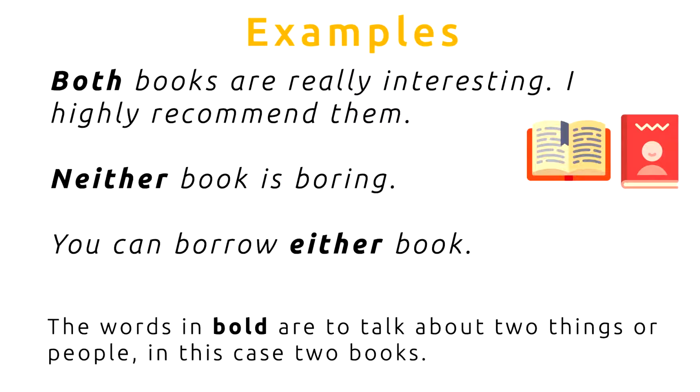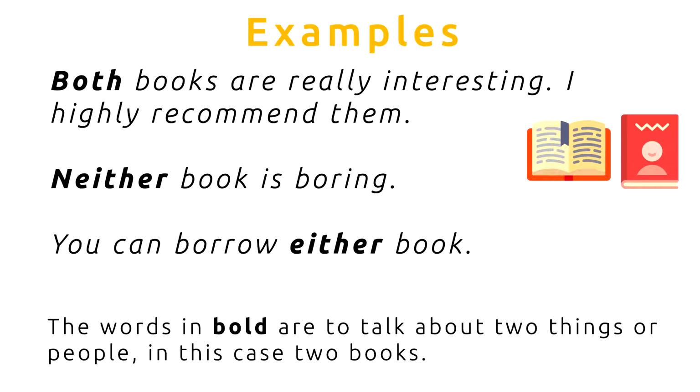Let's go to the example sentences and the meaning for each structure. Have a look at these 3 examples. Both books are really interesting. I highly recommend them. Neither book is boring. You can borrow either book. The words in bold are to talk about 2 things or people.